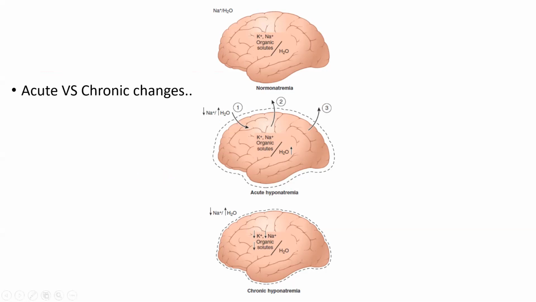However, if the thing stays, it becomes chronic, then eventually ions also start to readjust themselves. They decrease in their amounts accordingly. And so volume is achieved at the expense of osmolarity. Okay.